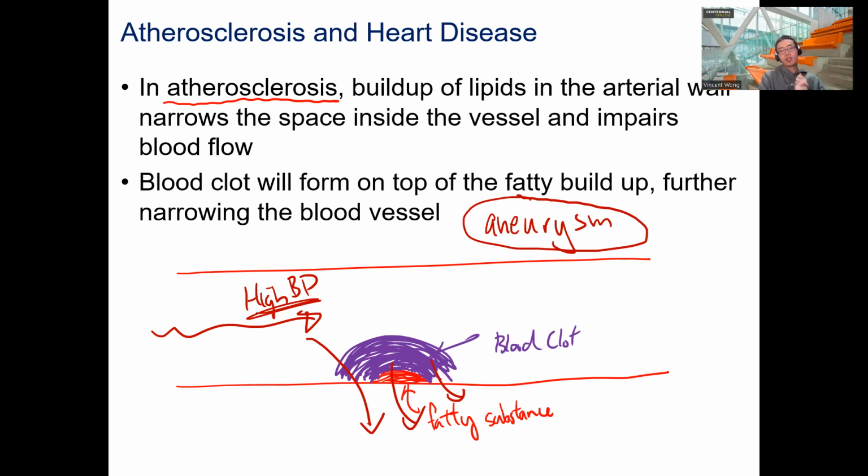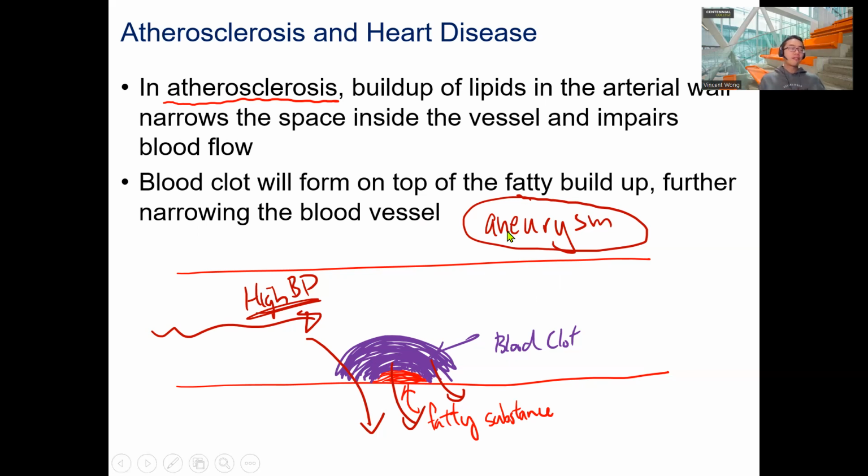Okay, so this is a vessel that is in the brain, and it's weakened, perhaps by something like this, and the person normally would not even know about it. And then one day maybe the person slips and falls and hits their head, and that blunt force creates enough force for the weakened blood vessel to just burst, and then the blood would leak all over the brain, and that's what causes the aneurysm, right?